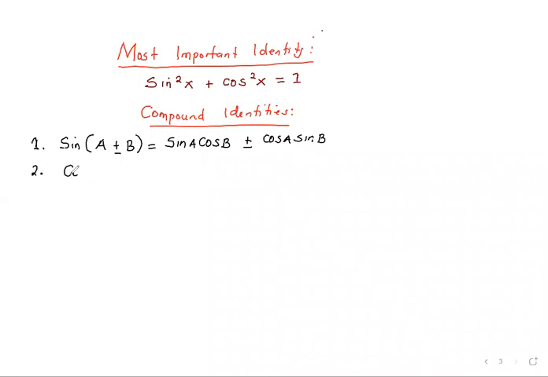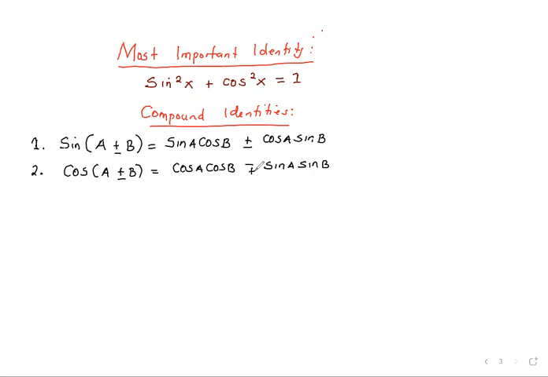Two: cos A plus B is equal to cos A cos B minus sine A sine B. If I put minus, I'll have plus there.